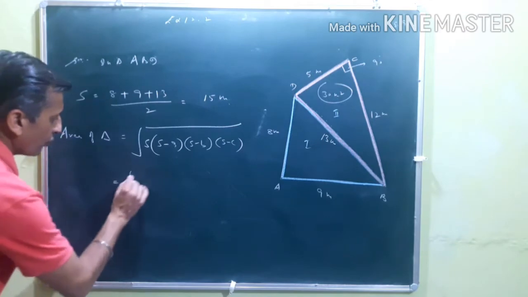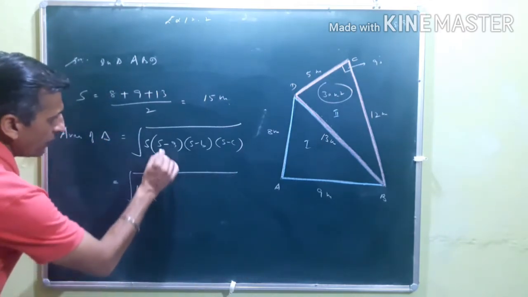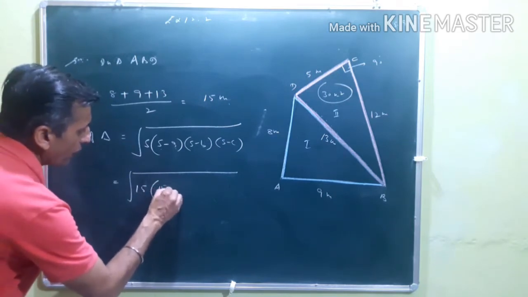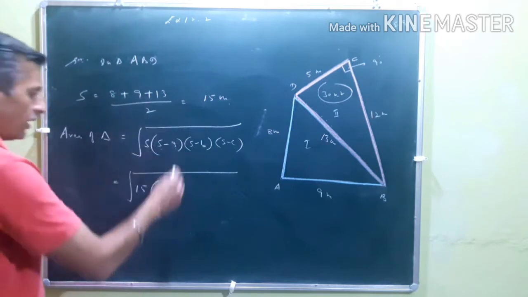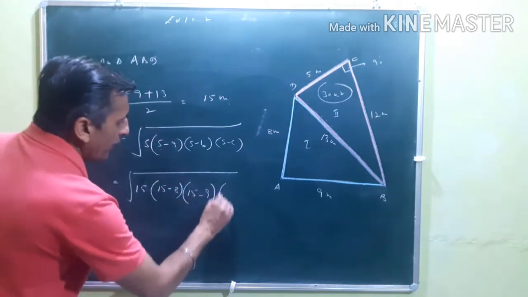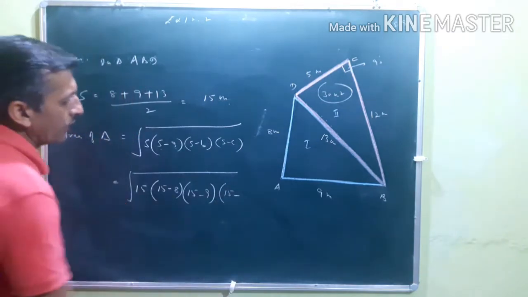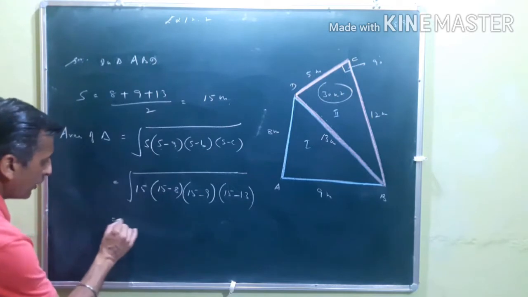So which is equal to, under the root, S is 15, so it's 15 into (15 minus A), A is 8, you can take any one. Next is 15 minus B, that is 9, into 15 minus C, that is 13.